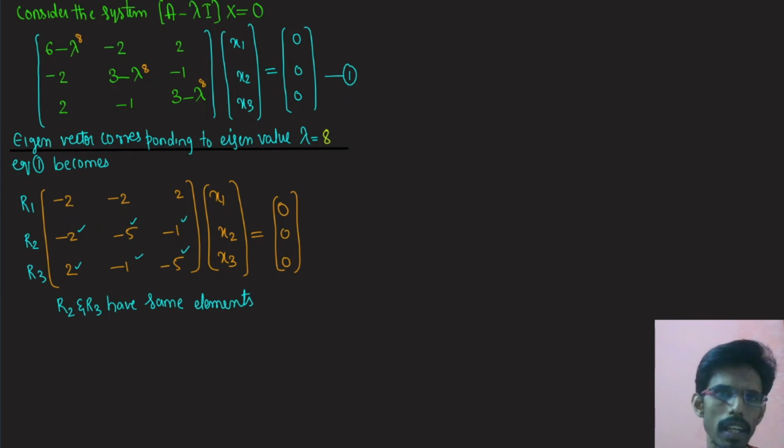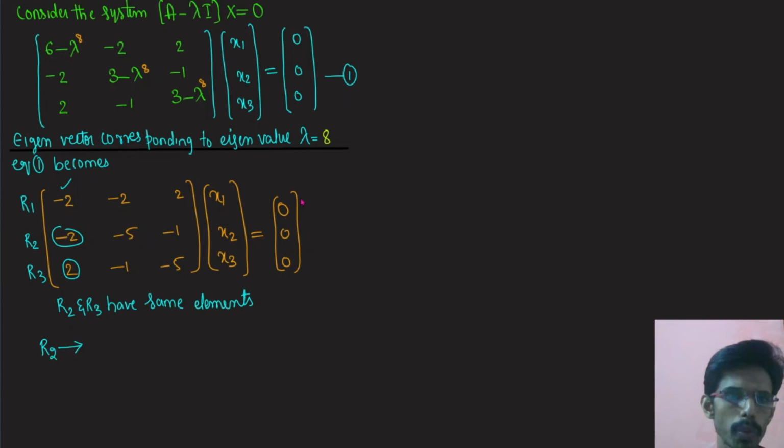So I'll eliminate one of the equations, or convert it into row echelon form. I'll make these two elements 0 using minus 2. So the transformation I am going to take is R2 transformed using R1.